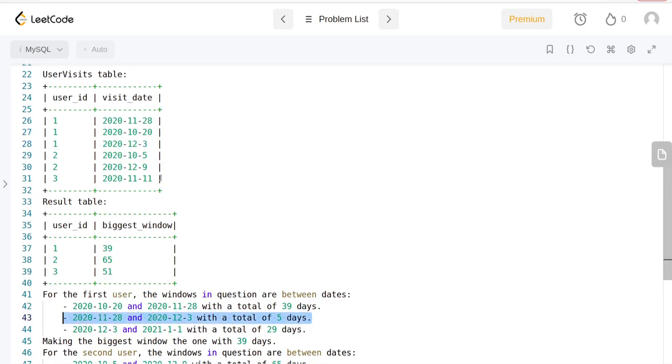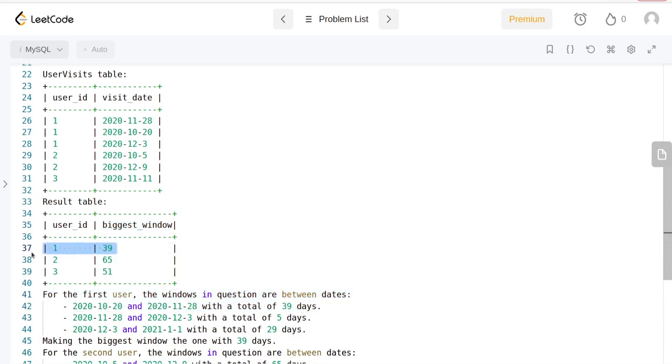And the third window is from this date, December 3rd, 2020, to today's date, and the days are 29. So the biggest window during which he didn't visit is this one, which is 39 days.